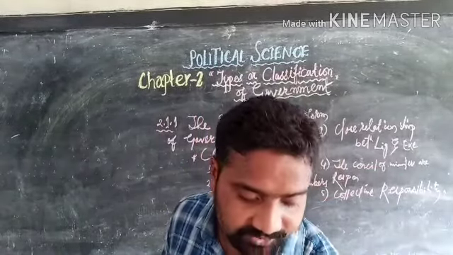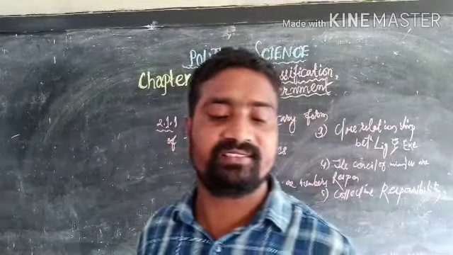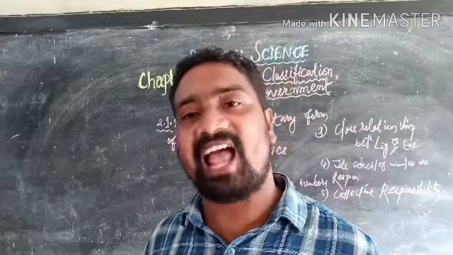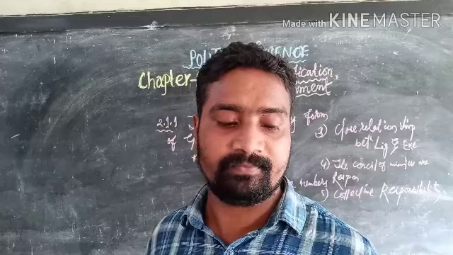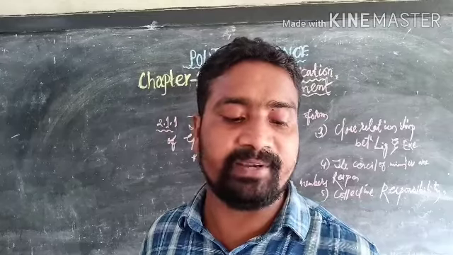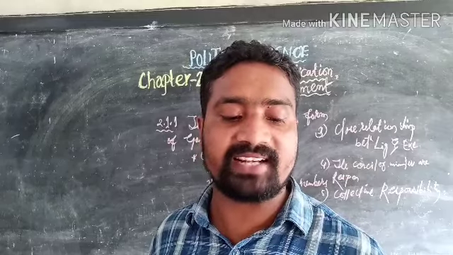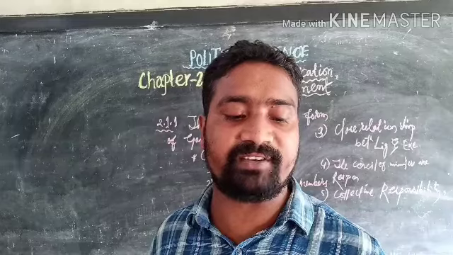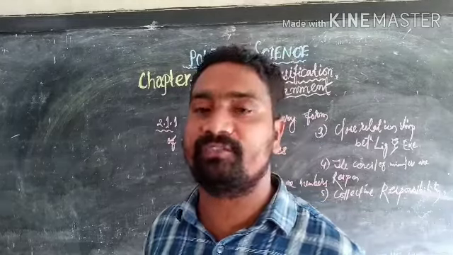The third point, in the parliamentary form of government what happens? The executive or the Council of Ministers can't act in a dictatorial manner. If the government or the ruling party in power chooses to act in a dictatorial manner, the legislature can remove the government from power by passing no confidence motion.